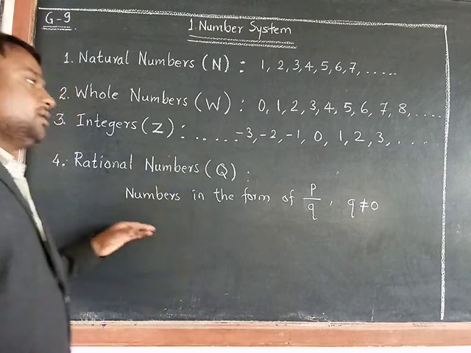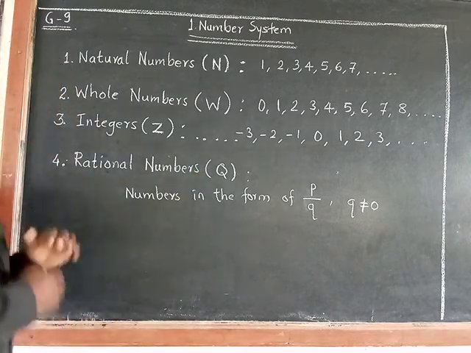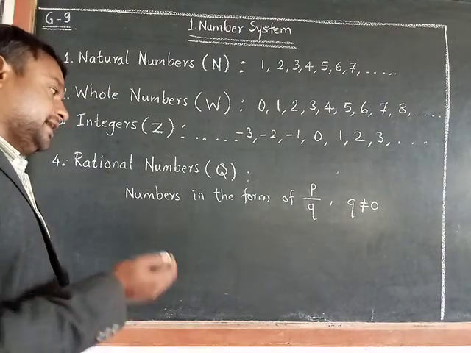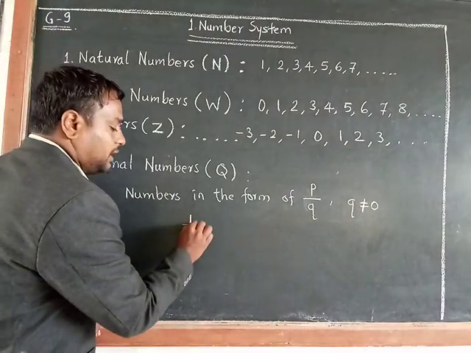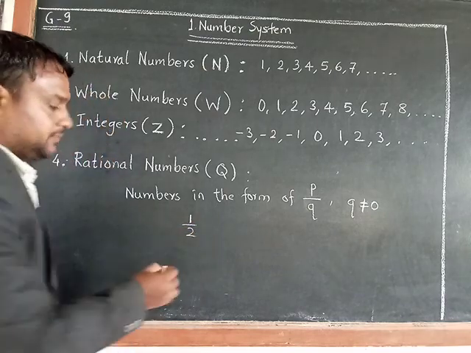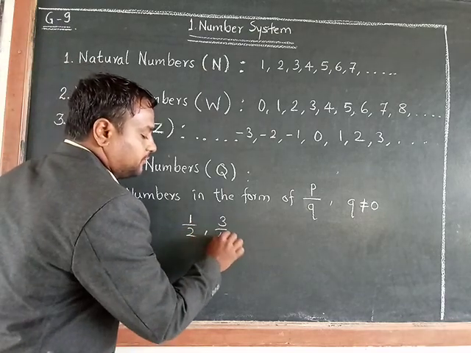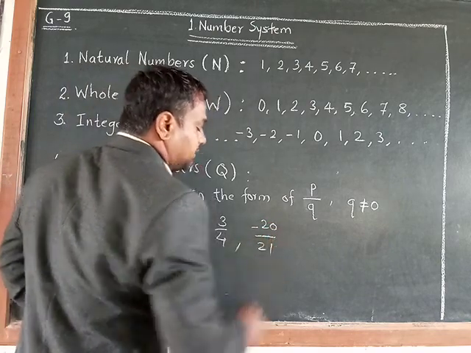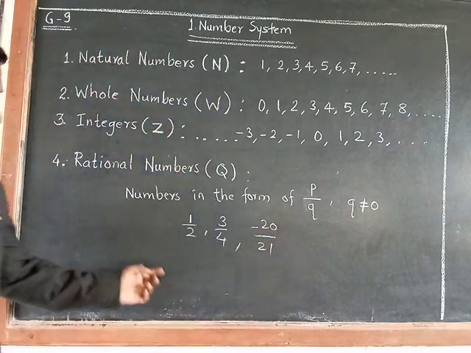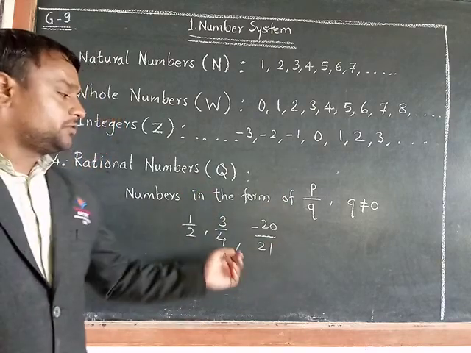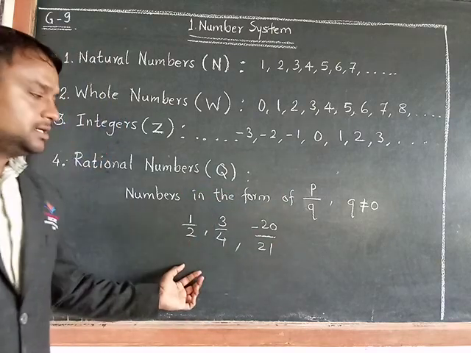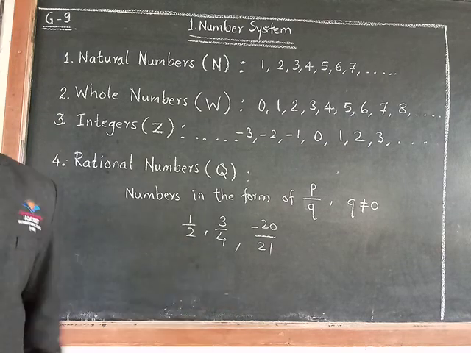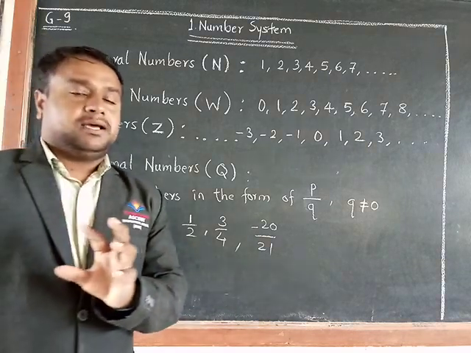Now once again there are some other kinds of numbers. For example, if I write here 1/2, here 3/4, here -20/21, where can we present these numbers? Such kinds of numbers are called rational numbers.